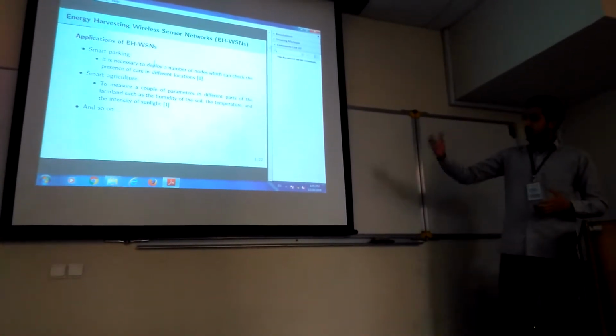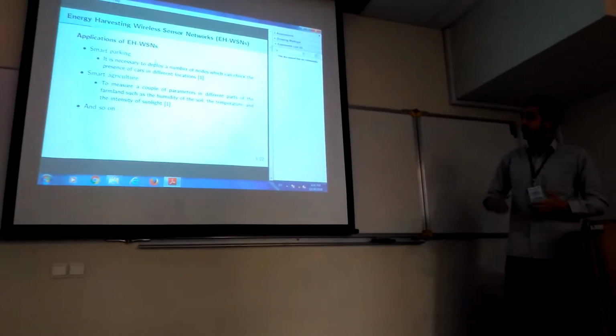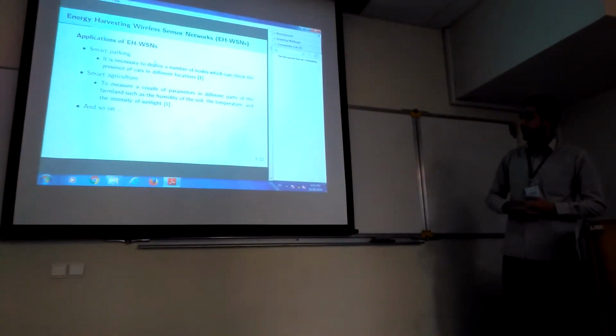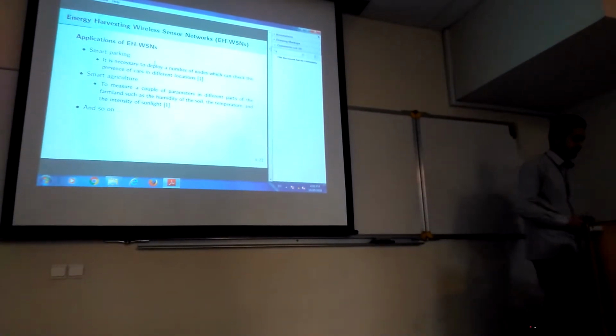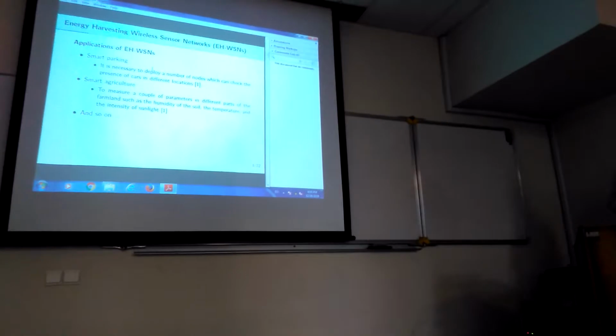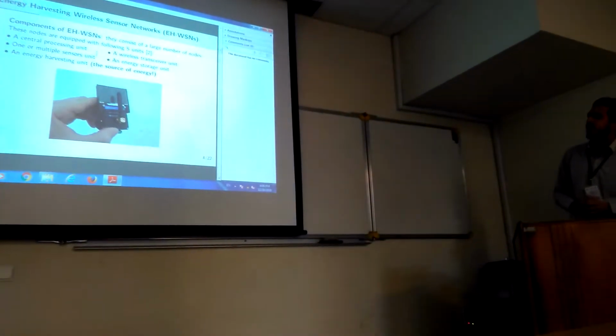In the case of smart agriculture, we have to measure a couple of parameters in different parts of the farmland, such as the humidity of the soil, the temperature, and the intensity of the sunlight. And of course, there are more applications than that, but it is enough for now.